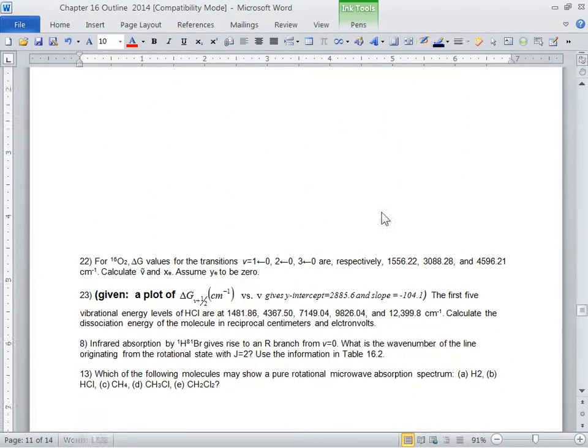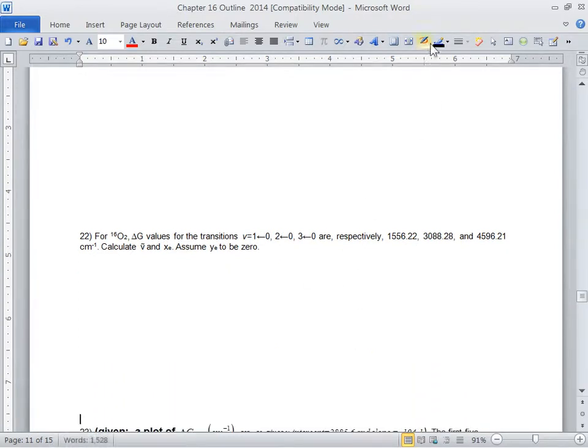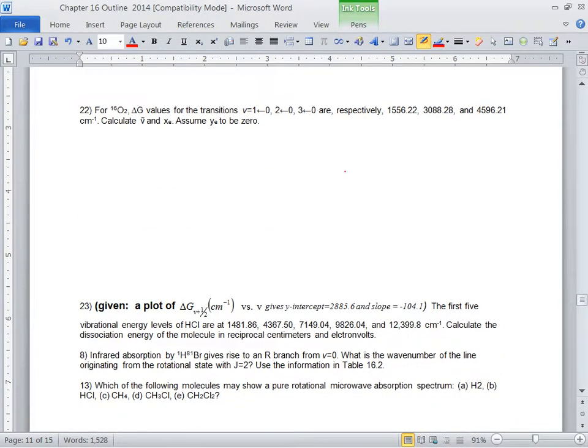How about 22? For oxygen, delta G values for these transitions are respectively given. Calculate the wave number and XE. Assume YE to be 0, whatever the heck that is.